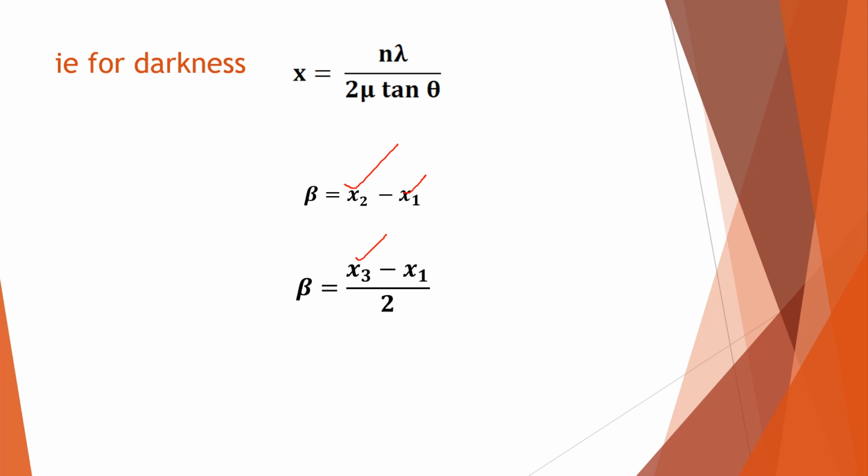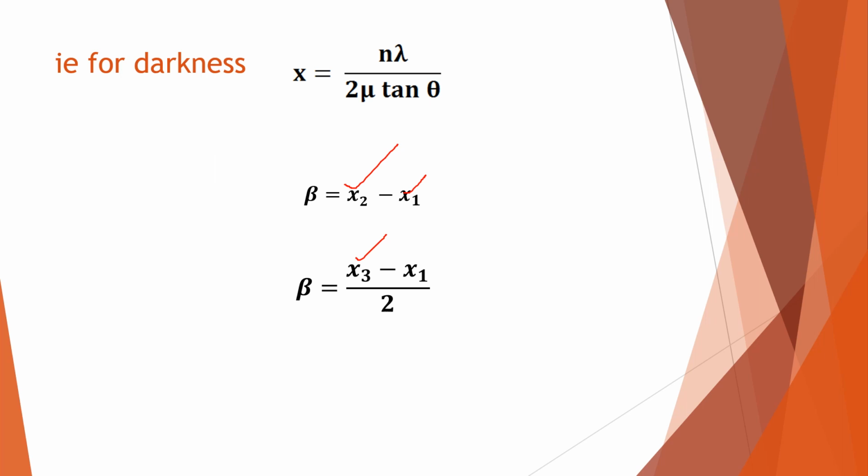Now let x3 be the distance between the center of the third bright band and the origin. Now, how can you write beta in terms of x3 and x1? We can actually write beta in terms of x3 and x2. That is, beta is equal to x3 minus x2. Now, how can you write it with x3 and x1? It will be beta is equal to (x3 minus x1) by 2. You have to divide it by 2.